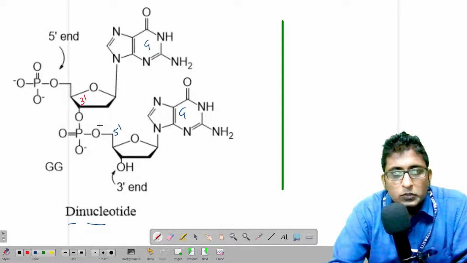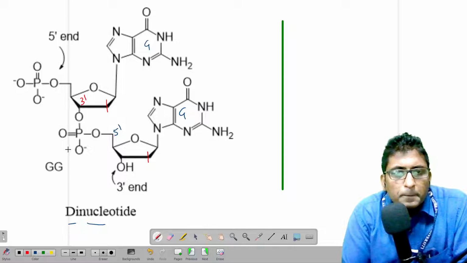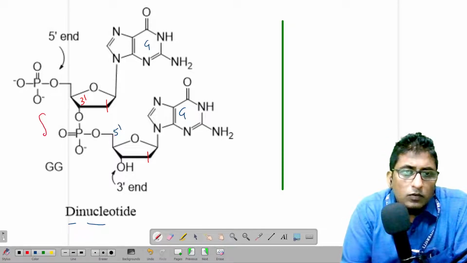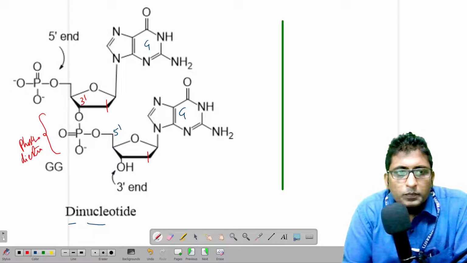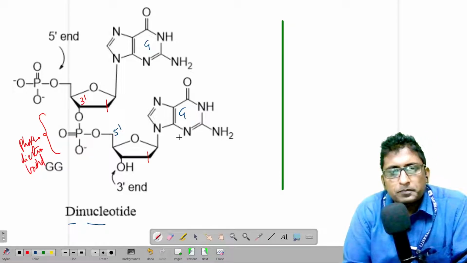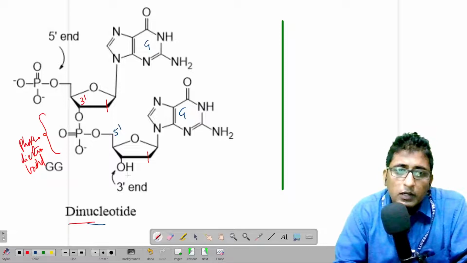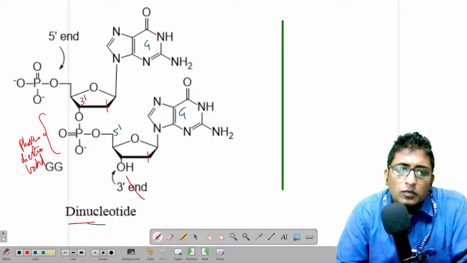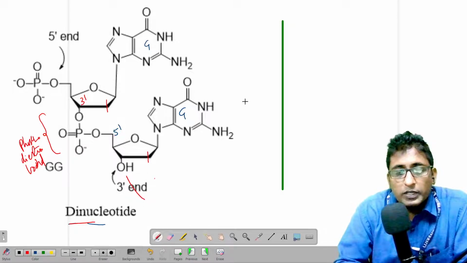I'm calling it deoxyribose because there is no OH indicated here. So this is a phosphodiester bond, and I hope we recognize that in the phosphate backbone, this is a dinucleotide, and we can have many more nucleotides coming and joining here, and that way we have a chain.